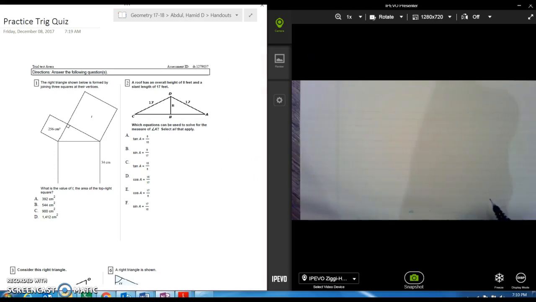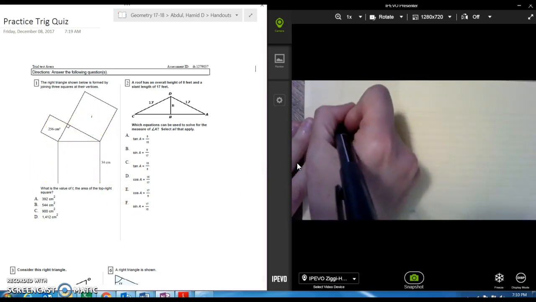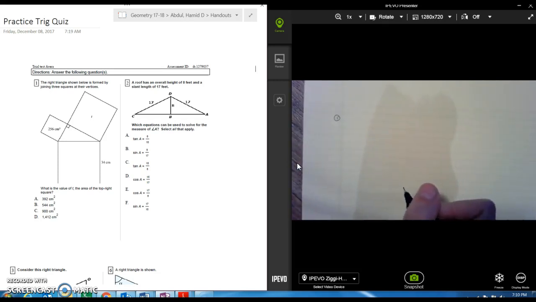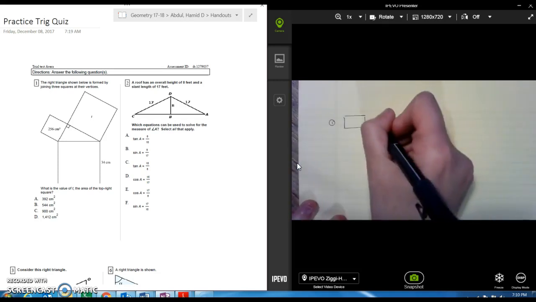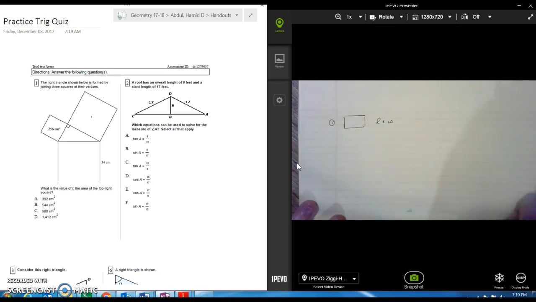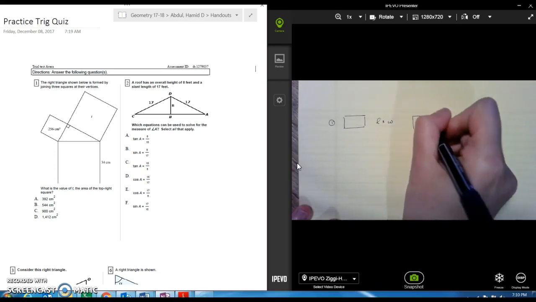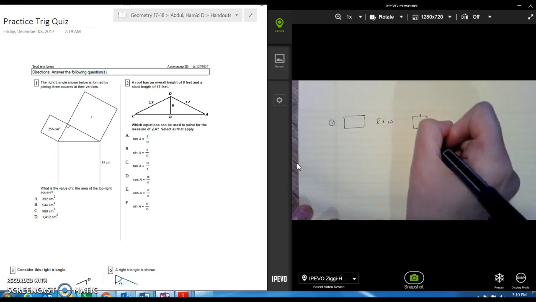It says the right triangle shown below is formed by joining 3 squares at their vertices. So you can see there's 3 squares. And if you remember, the formula for a rectangle to find area is length times width. And we know that a square has 4 sides that are all congruent.